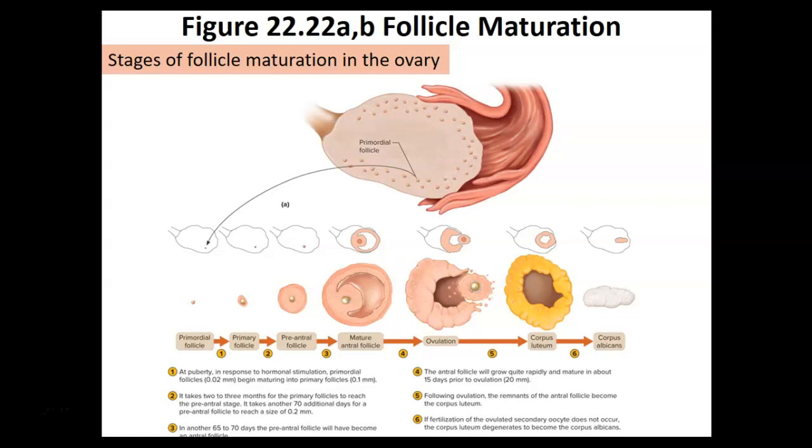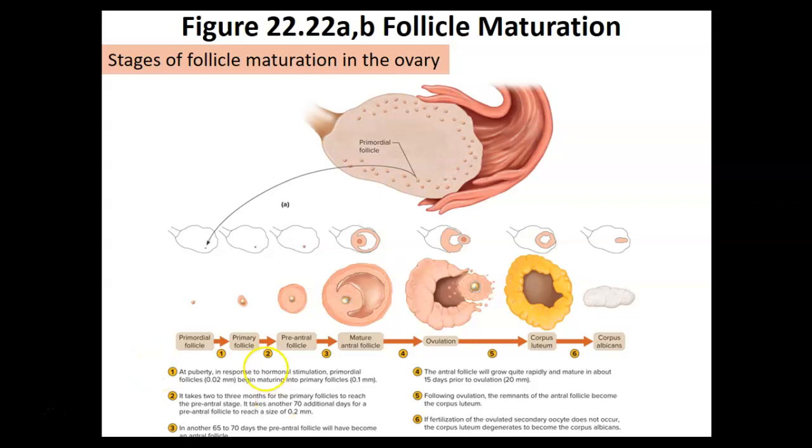What this tells you is you have to have several primordial follicles selected at once because they're going to mature in different stages, and they're essentially going to ovulate at different times as well. So you have to have several going at once in order to have an appropriate ovulation about every 30 days.